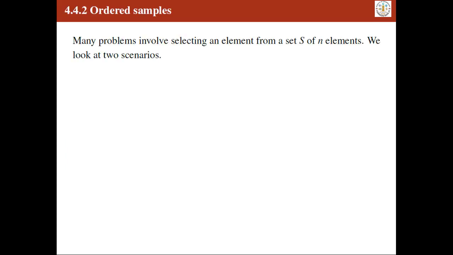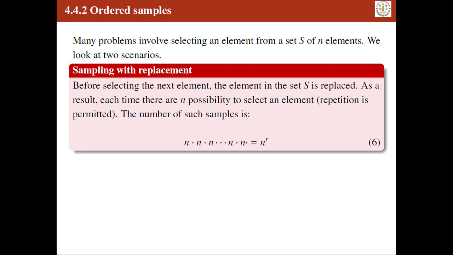Ordered samples. Many problems are concerned with choosing an element from a set S, say with n elements. When we choose one element after another, say r times, we call the choice an ordered sample of size r. We consider two cases. Sampling with replacement.